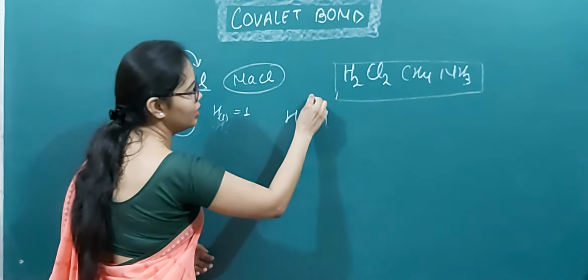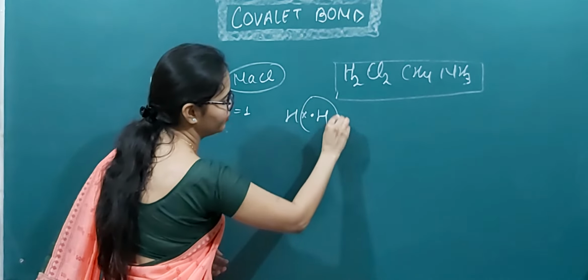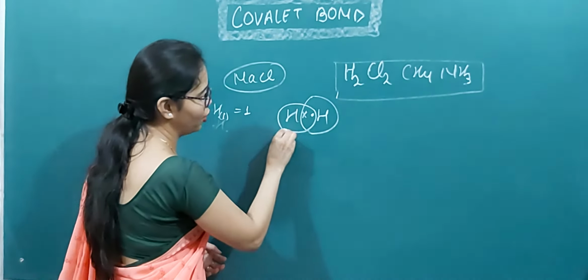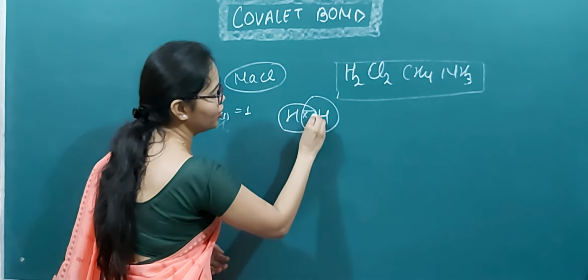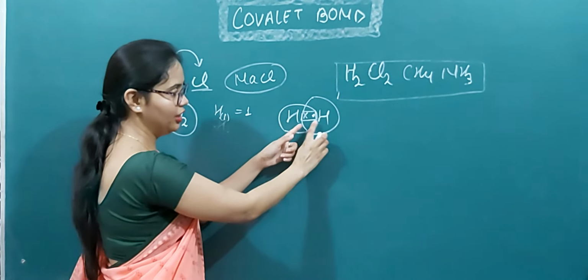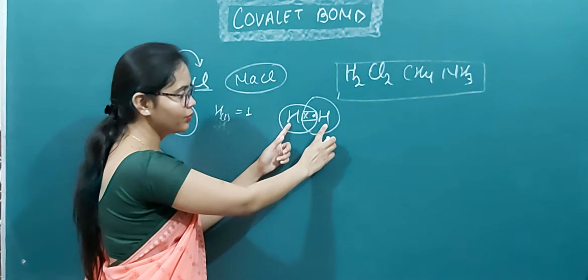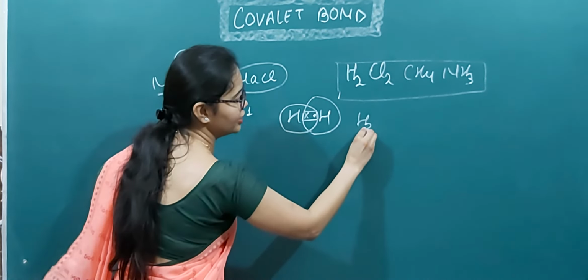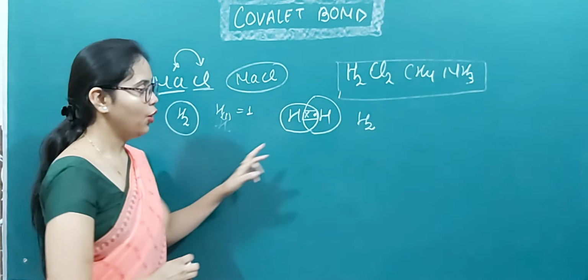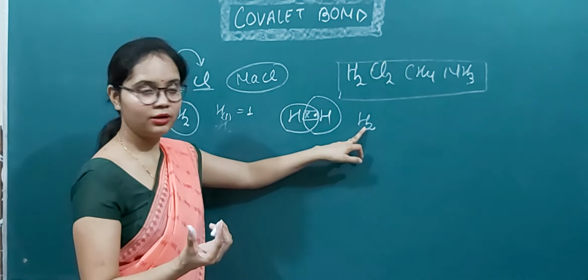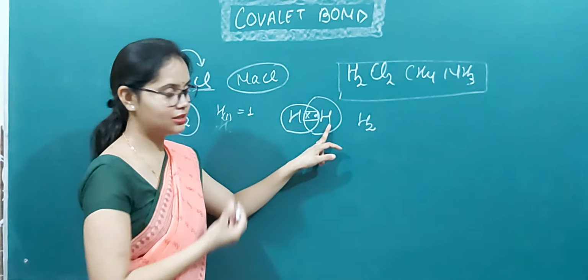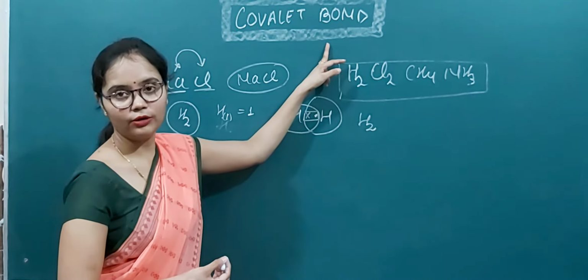So both these hydrogen atoms will share their one electron, or we can say one pair of electrons is shared between these two hydrogen atoms, and after sharing these electrons they will form an H2 molecule. Okay, the attraction between the hydrogen atoms in the molecule is known as a covalent bond.